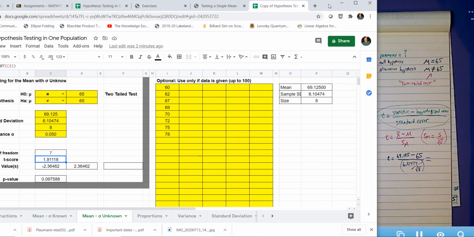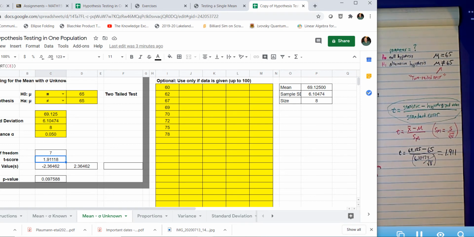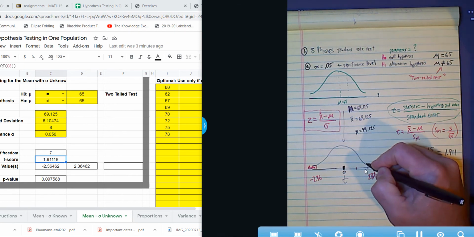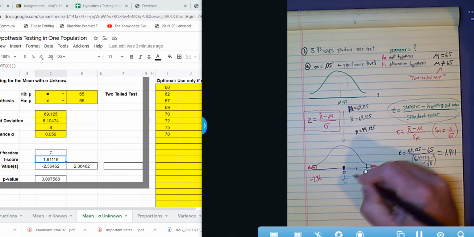Whether you used a calculator or let the computer do this, the t-score, the t value that we got, is 1.911. And on my picture, 1.911 is a little bit before 2.